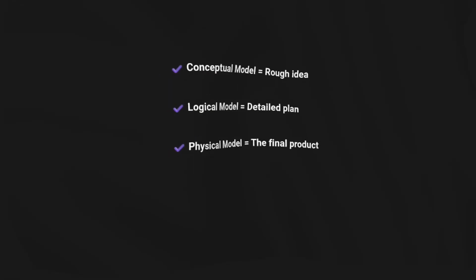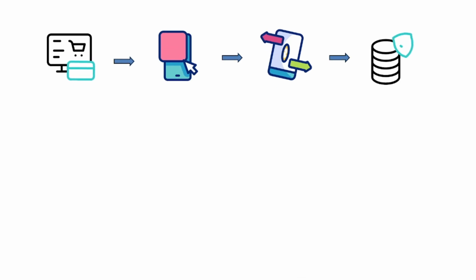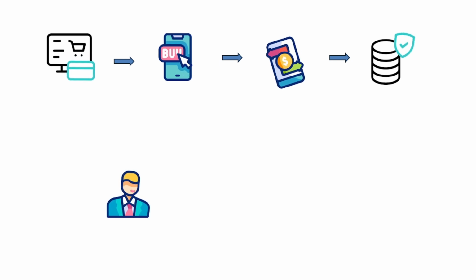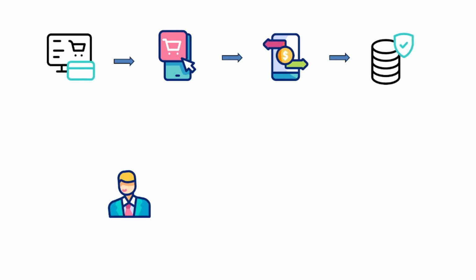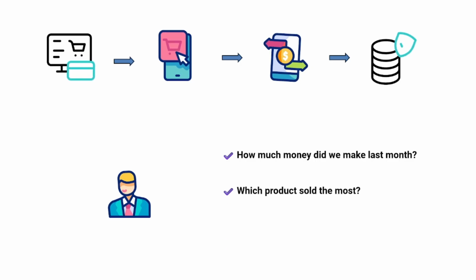All right, let's talk about dimensional modeling, a concept that makes data analysis easier, faster, and more meaningful for businesses. Imagine you're running an online store. Every day, customers buy products and their transactions get recorded in a database. Now, at the end of the month, the CEO comes in and asks, how much money did we make last month? Which product sold the most?